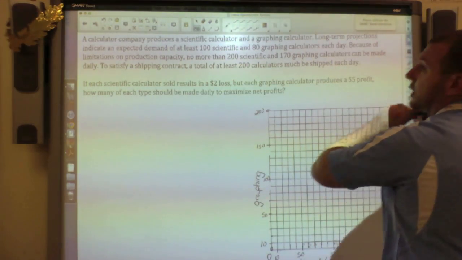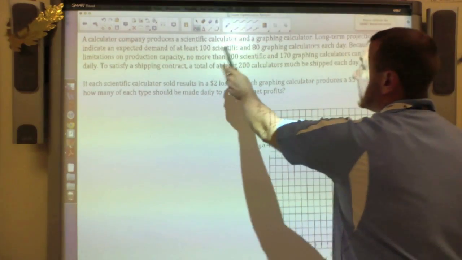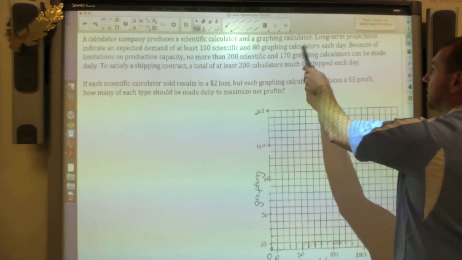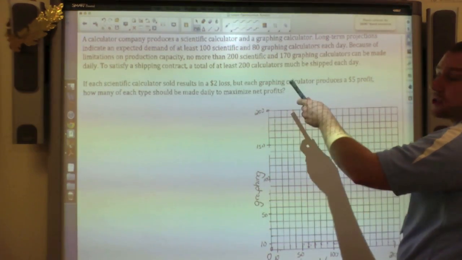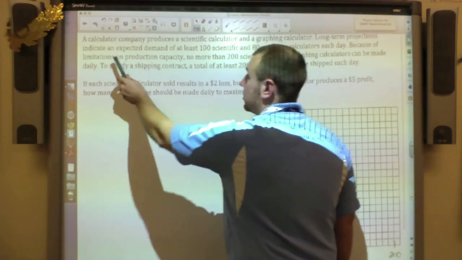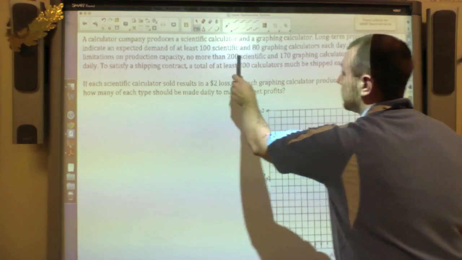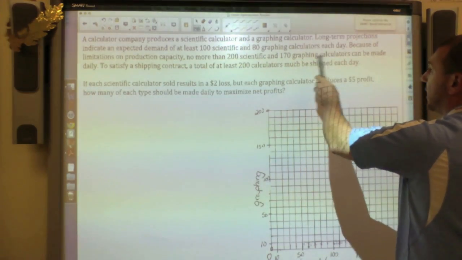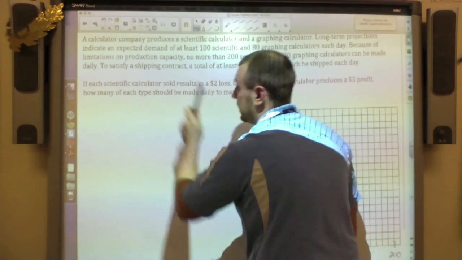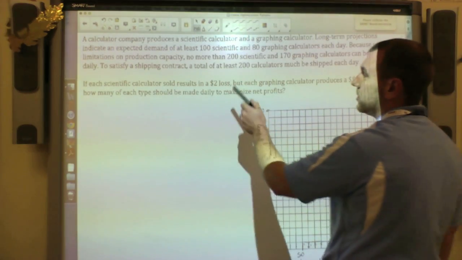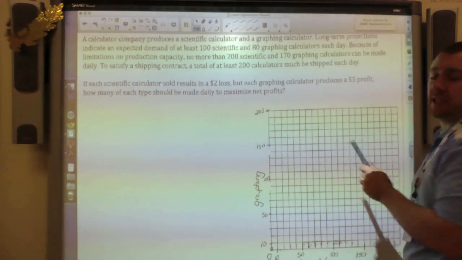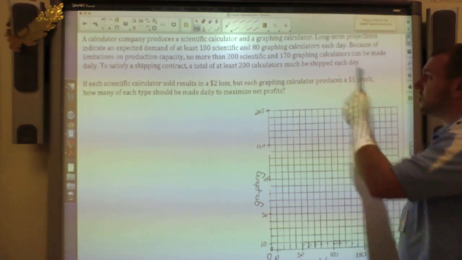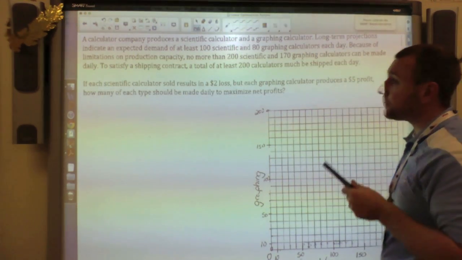Long-term projections indicate expected demand of at least 100 scientific and 80 graphing calculators each day. No question there. Because of the limitations on production capacity, no more than 200 scientific and 170 graphing calculators can be made daily. To satisfy a shipping contract, no question there. These are just statements.